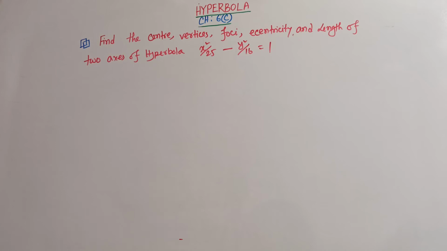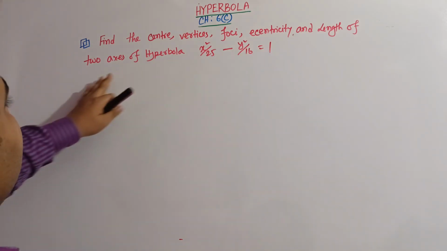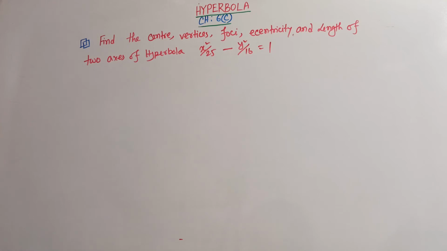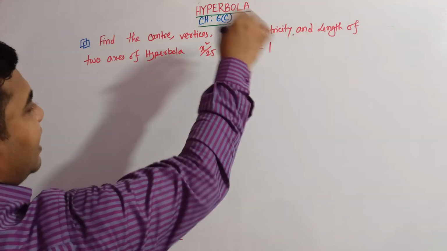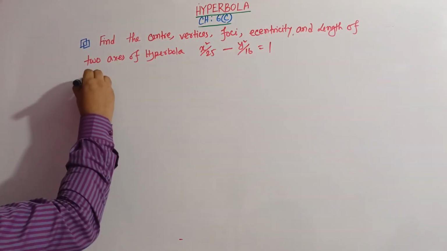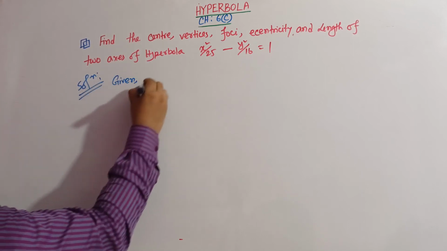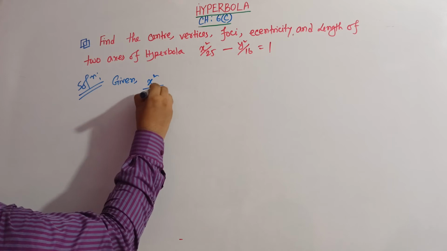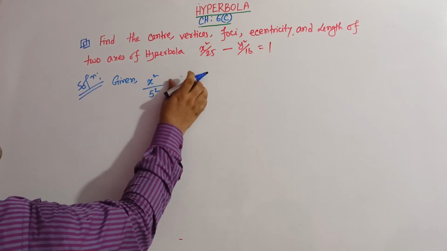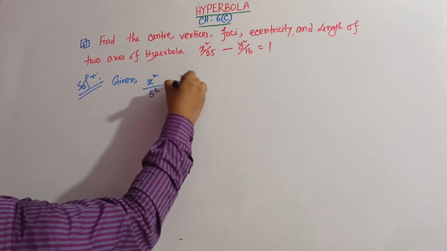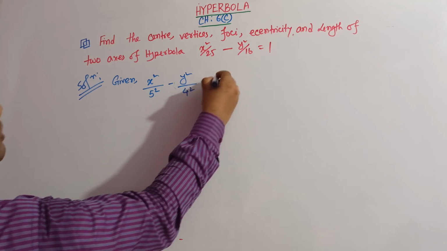So dear students, that's our last problem, and this problem is talking about finding the center, vertex, foci, eccentricity, and length of two axes of the hyperbola given here. This is obviously a hyperbola, and the solution can be written as x square by 5 square minus y square by 4 square equals 1.